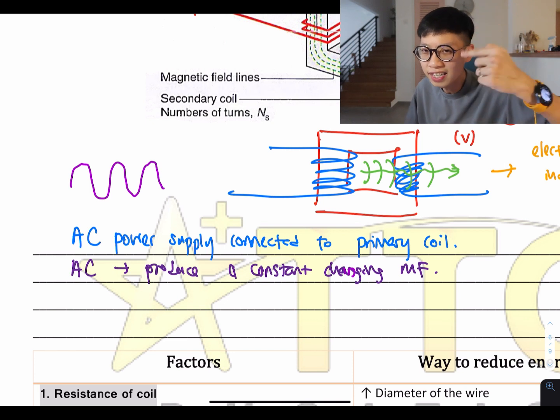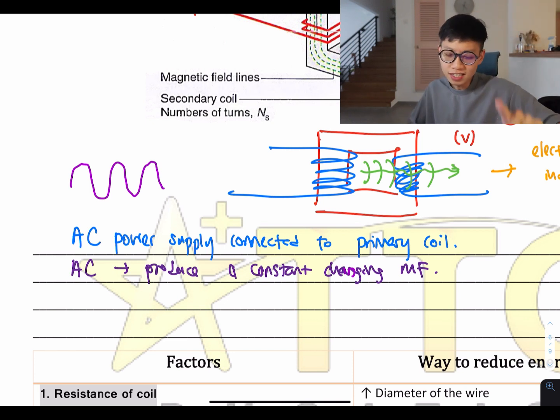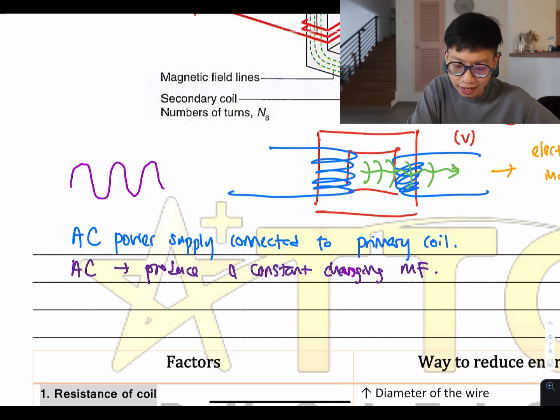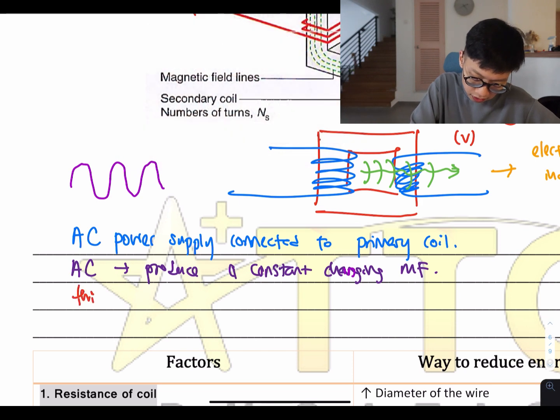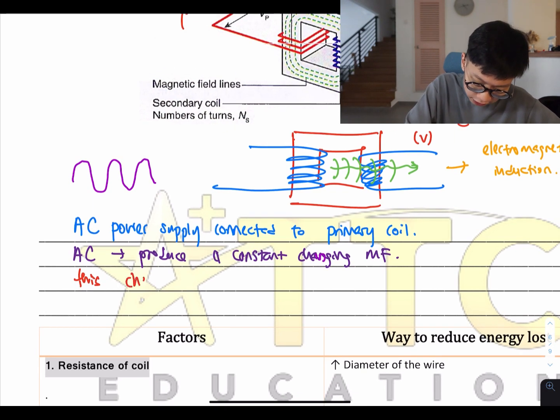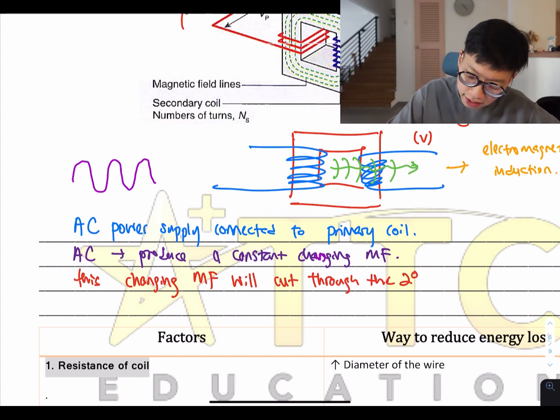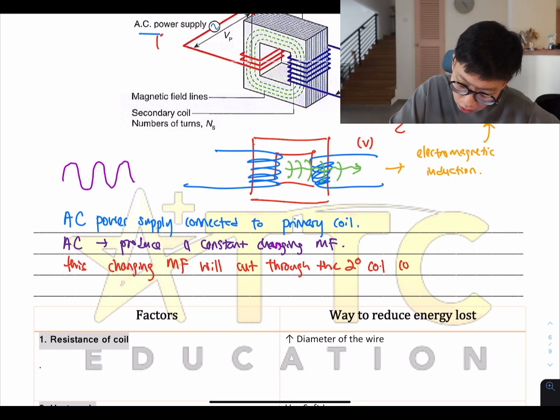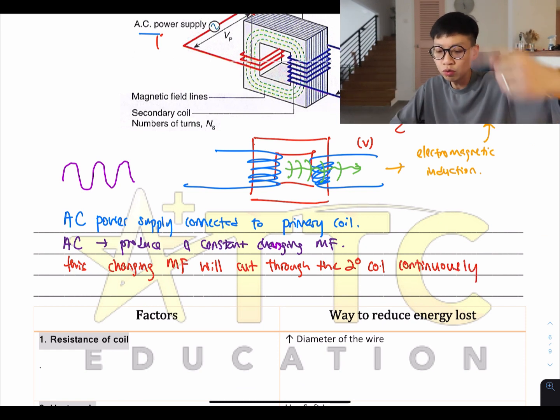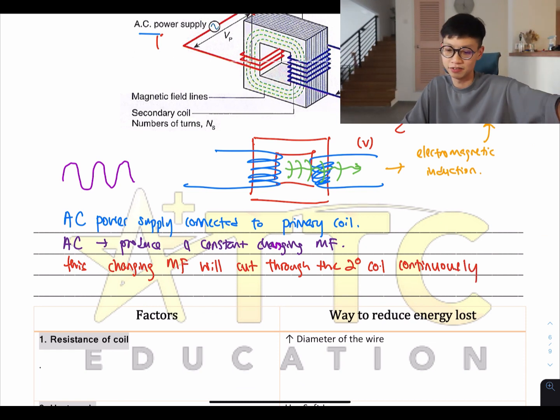So I'm constantly changing my mind. Constant changing magnetic flux means it will increase, decrease, increase, decrease. So this changing magnetic flux will cut through the secondary coil continuously. It will continue to cut the secondary coil.